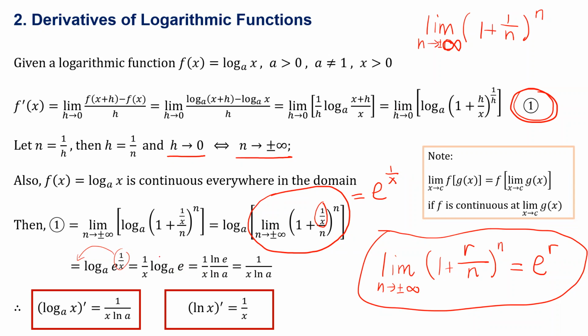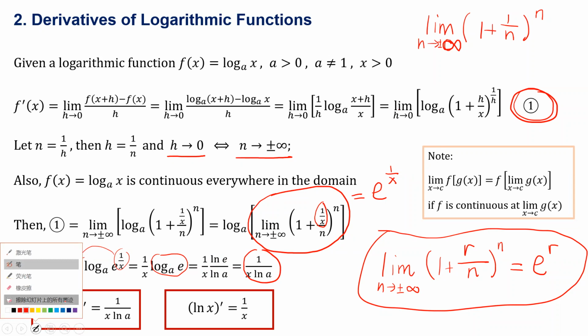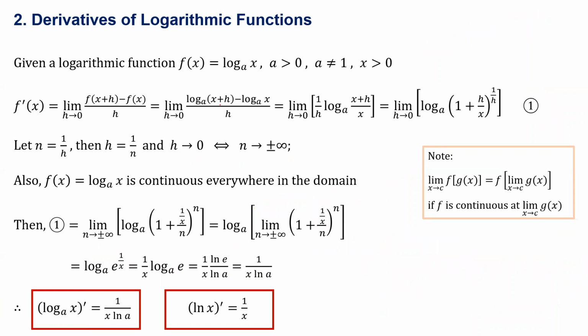We can change the base of this logarithm using the Euler number e, so that gives us 1 over x times log base e of e over log base e of a, right? Log base e of e is 1, so the final solution is 1 over x times 1 over log base e of a, right? So this is our final solution.